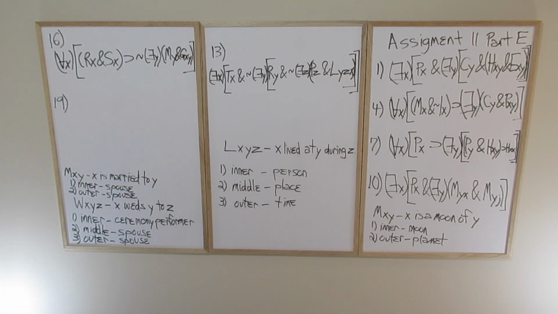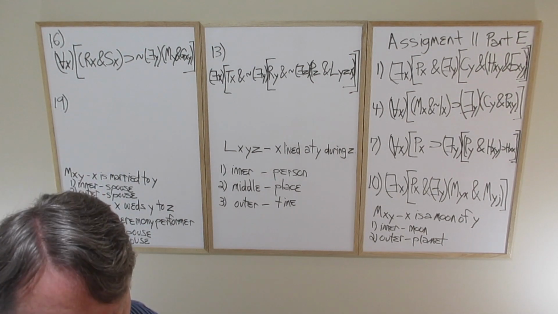Okay, so not exactly a simple construction, but compared to this guy, a little bit simpler. All x are such that if x is a rolling stone, then it's not the case that there exists a y such that y is moss and x gathers y.